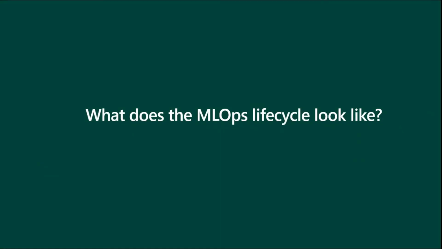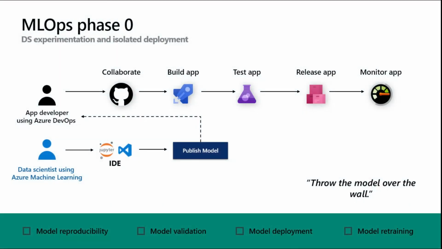So, what does the MLOps lifecycle look like? Most organizations begin with data scientists and application developers working in totally different environments and ways. App developers are usually more familiar with software development tools and best practices, while data scientists are more focused on the model development and its accuracy as well as performance.